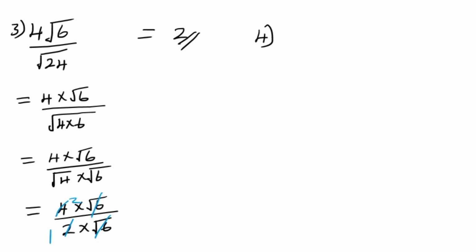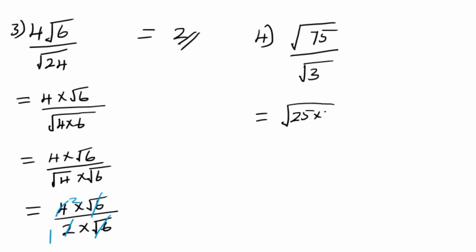Let's try this one: the square root of 75 divided by the square root of 3. The square root of 75 can be expressed as the square root of 25 times 3. So this gives us the square root of 25 times 3 divided by the square root of 3.